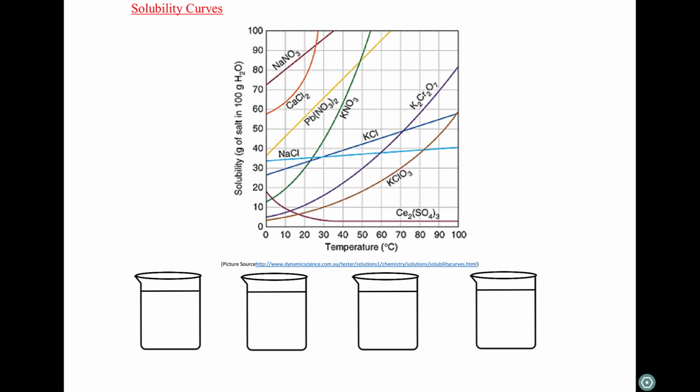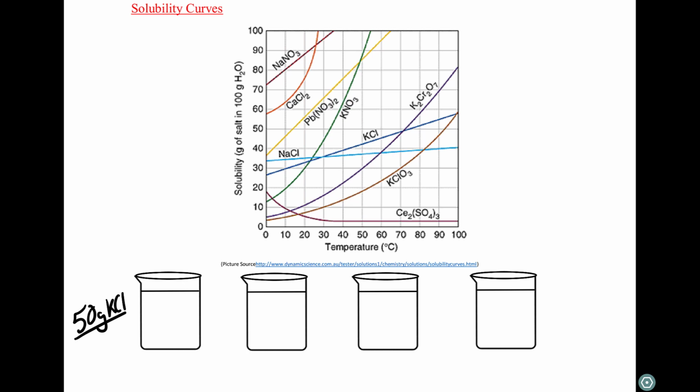So to help you better understand solubility and what happens when you cool a solution, I'm going to pick KCl and we're going to look at it at 4 different temperatures, okay? So let's imagine that we had 50 grams of KCl in all of these beakers.